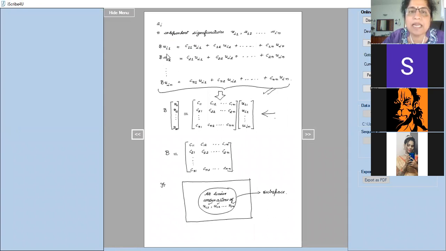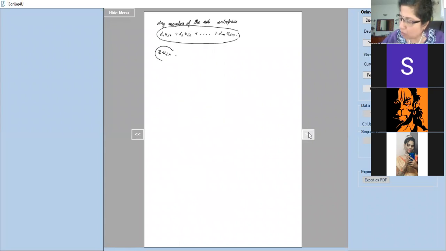How many of them are there? There is 1, there is 2, there is up to n. So there are n members of the subspace which are nothing but these BUIRs.